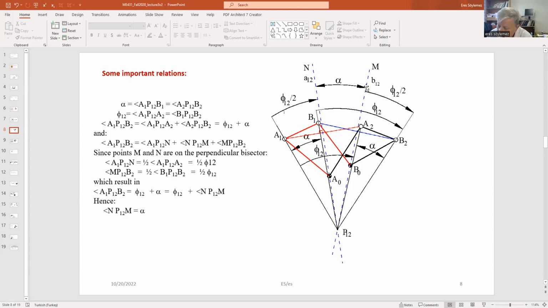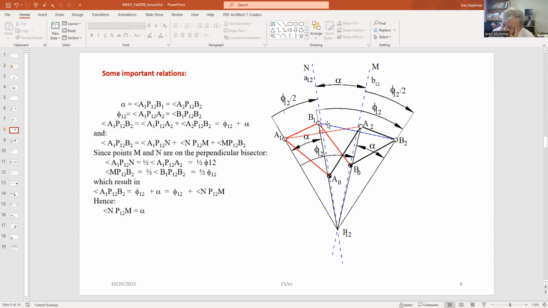Correct? Now, look at A1, A0. A0 is on the perpendicular bisector, A1 is over here. This angle is going to be equal to phi 12/2. And let us consider B1, B0. Again, it is half of the angle, so it is also equal to phi 12/2.